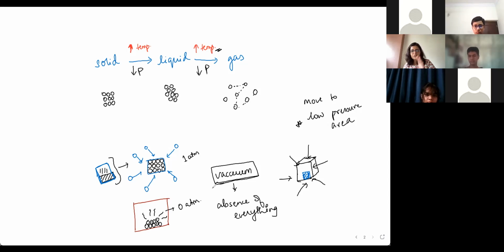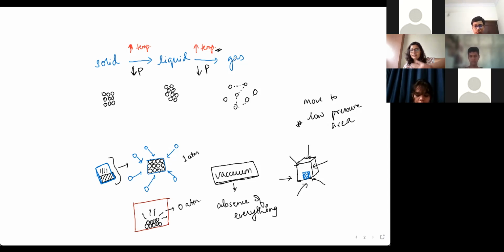Always, if there is a vacuum or a low pressure area, matter wants to occupy it, which is why you have other phenomena like diffusion, and why evaporation takes place at certain conditions of pressure and temperature. So that is the reason when pressure decreases, solid turns to liquid, liquid turns to gas.